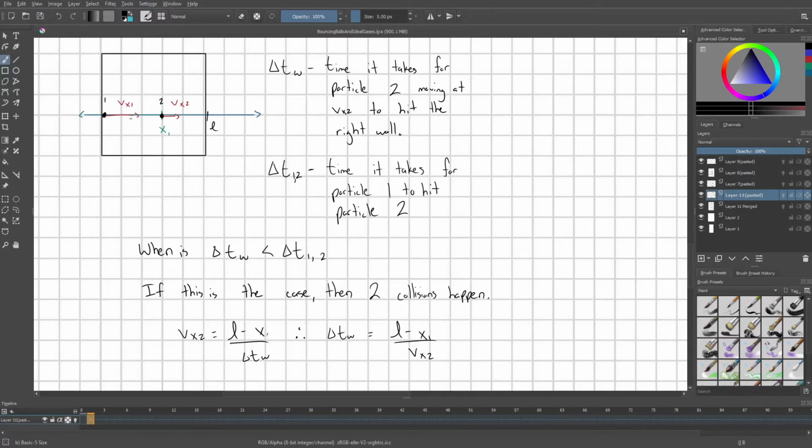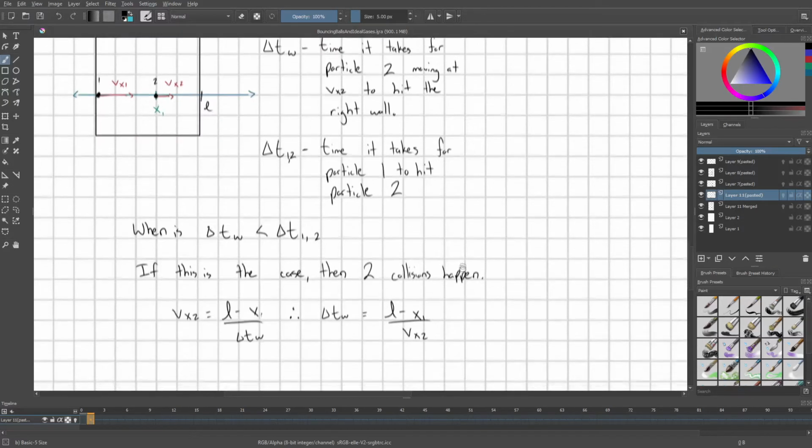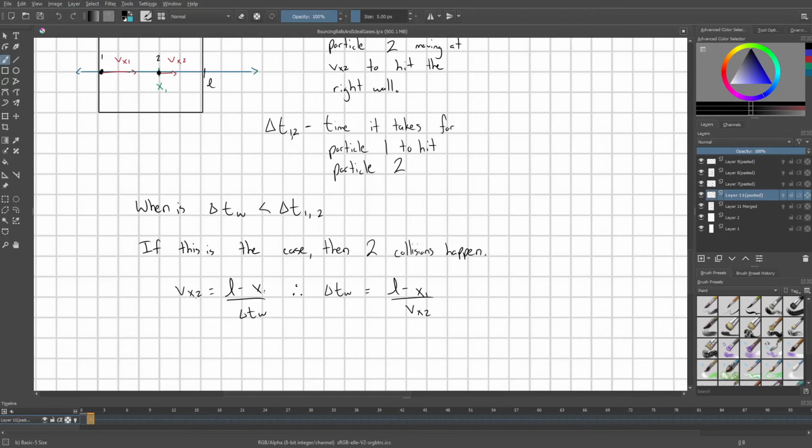So if it had to travel this entire length of the box, that would maximize delta t12. Okay? So with this in mind, Vx1 equals L minus our initial position, 0, over delta t12.